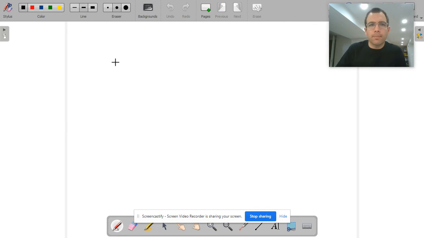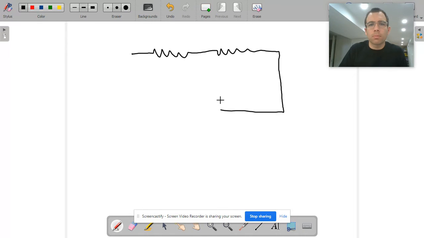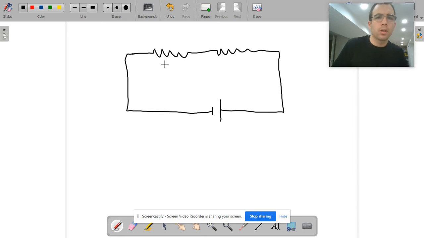We're going to look at some resistors now. So we're going to take this resistor, put another one. We're going to go down here and we're going to put a battery in our circuit as well. All right, so I'm going to call this one 10 ohms. And this one can be 8 ohms.